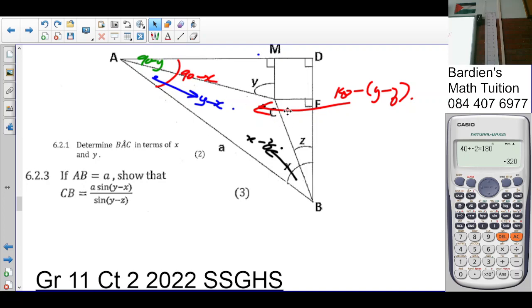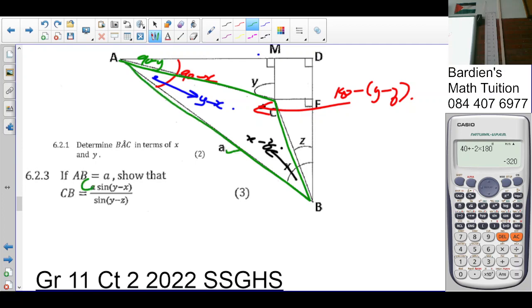CB, which is this length. Can you see that? So which triangle are we working in? We're going to work in this triangle. Can you see? There's your a, as you will see, they got the a there, and the CB. So which rule are we going to use? Sine rule. Why? Because I've got many angles here. So let's go with the sine rule.